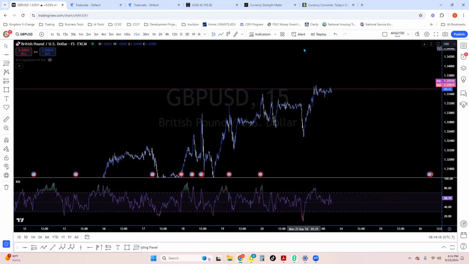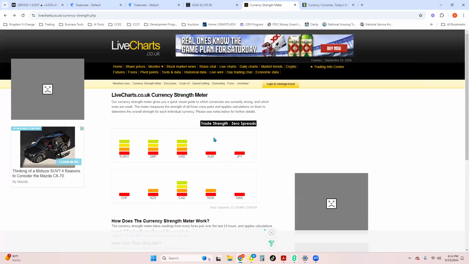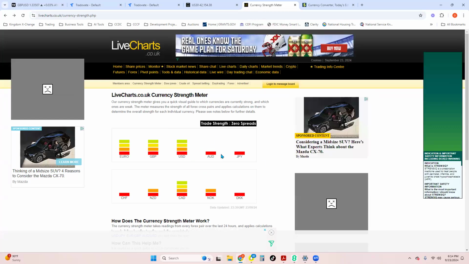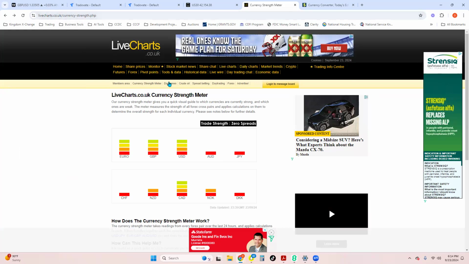Before I start there, though, there's one place that I do want to talk to you guys about that I always go to. If I'm trading pairs, I want you guys to really get yourselves familiar with this, or any type of currency strength meter. I'll put the links in, but this is at livecharts.co.uk.